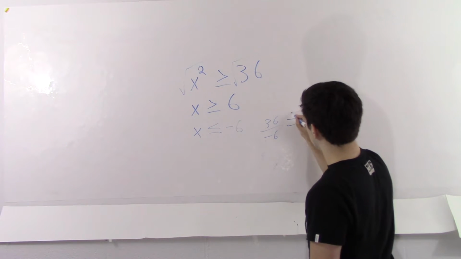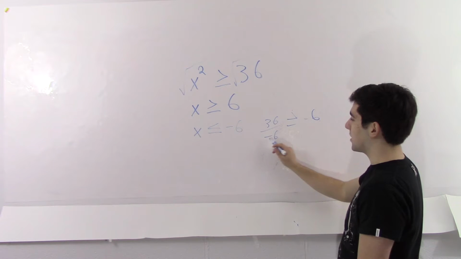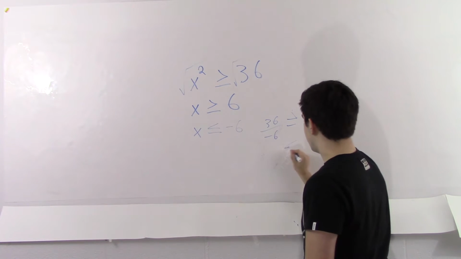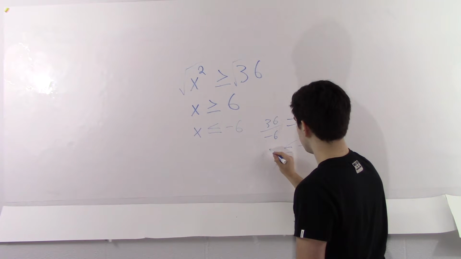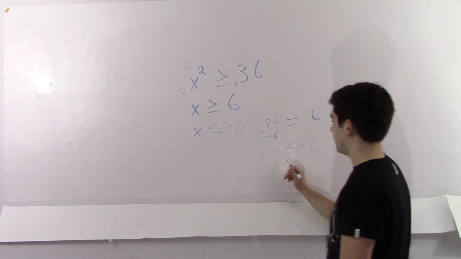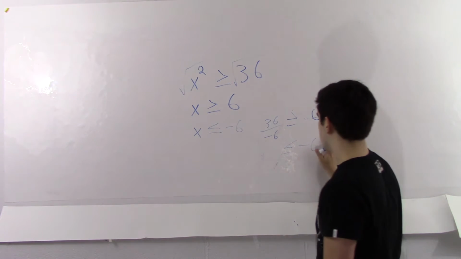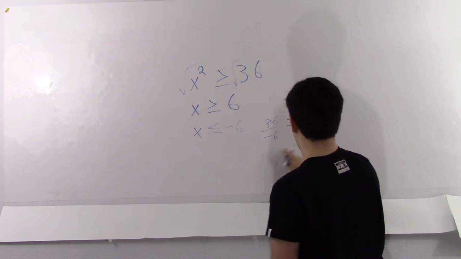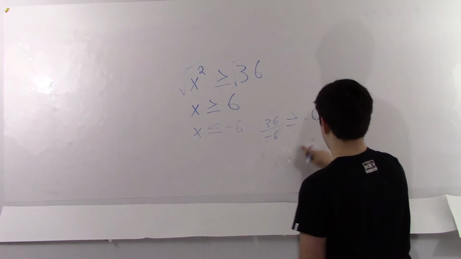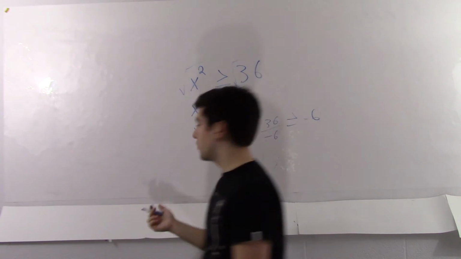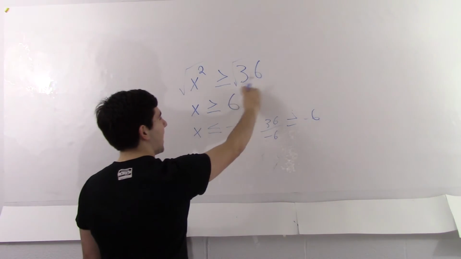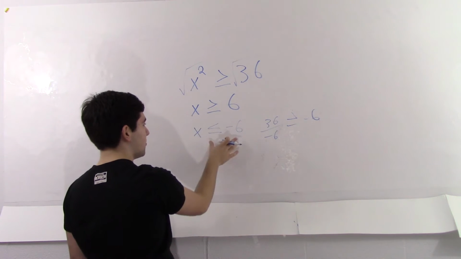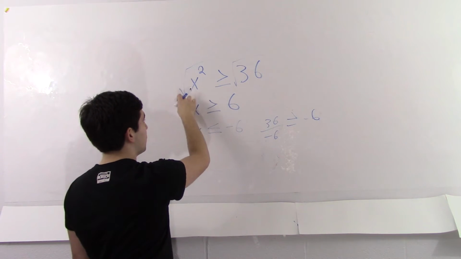So let's say this was an inequality, because we're dividing by a negative, this sign has to switch. That's the reason behind it. All because we're technically dividing by a negative number.